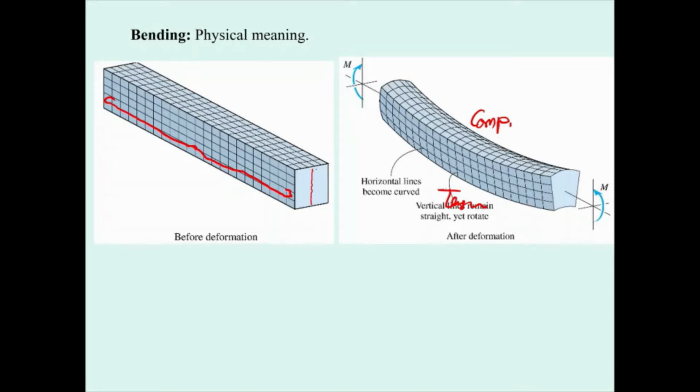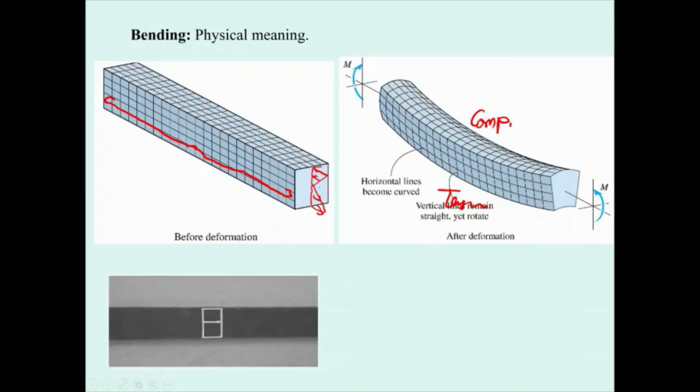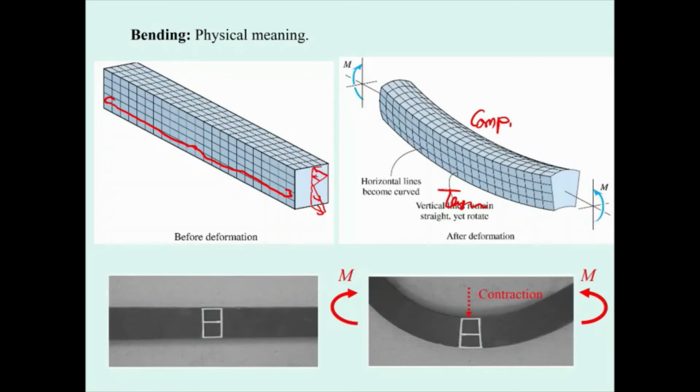The stress that occurs here is compression on the top and tension on the bottom like this. Since the top is in contraction, the bottom is in elongation, and there is a point between top and bottom that has no deformation. We call this the neutral plane. No contraction and no tension. The stress here is 0.